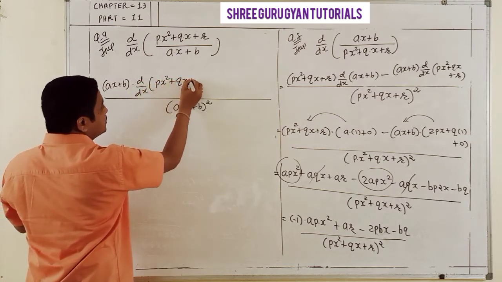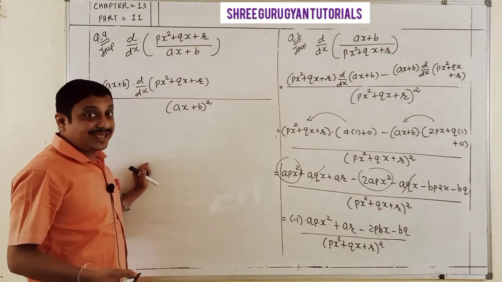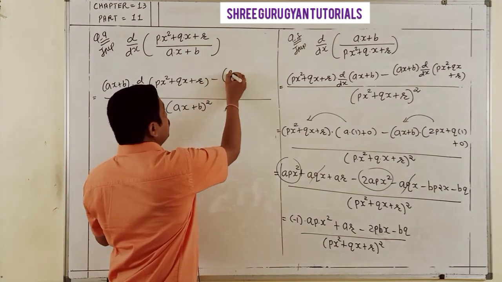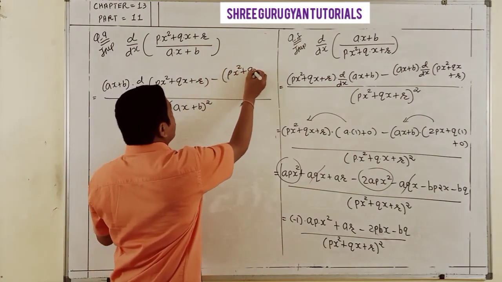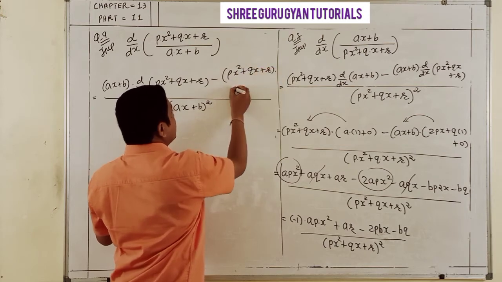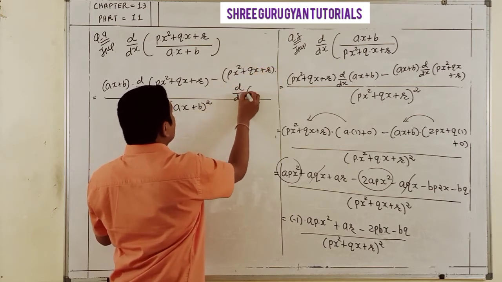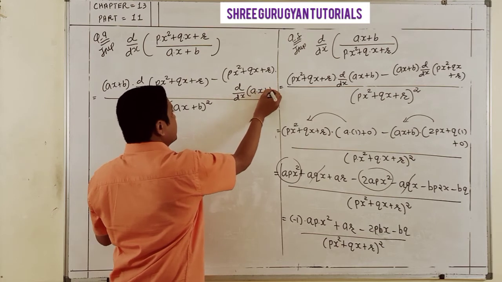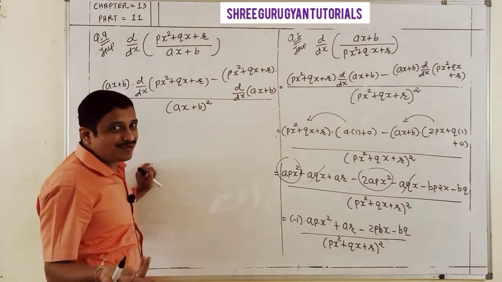Simple, apply your division working rule: minus numerator d/dx of the denominator ax plus b, and now operate the simple formula.